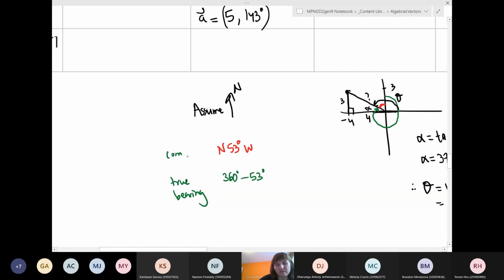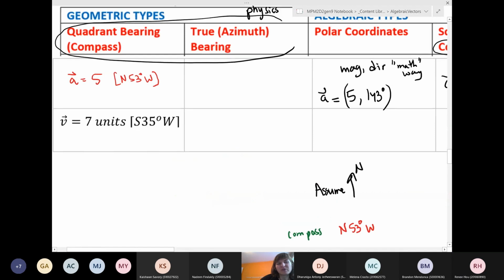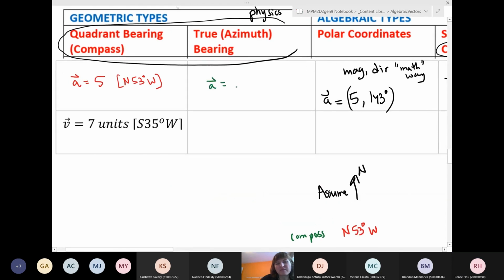This is for compass. Okay, who has an answer for this one? 307. Very good. And so if you wanted to put it over here, you would say this A is 5 units and then it's 307. And I would say beside this true bearing, just because otherwise it kind of looks like this version over here. So for this one, I would definitely say that this is to do with math angle and here to do with the bearing. That way you'll have some idea how to distinguish between the two.